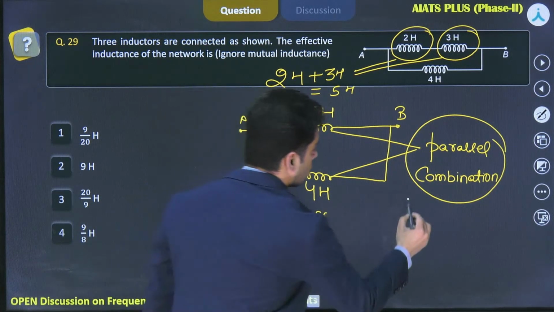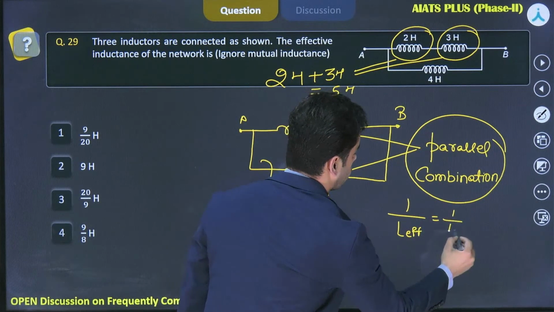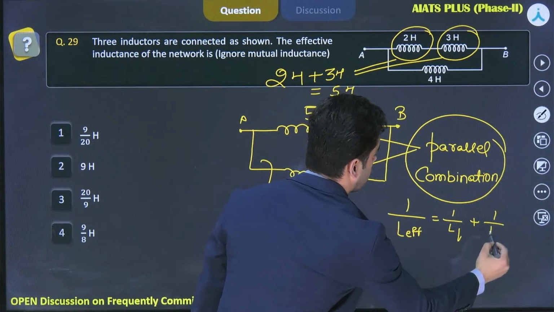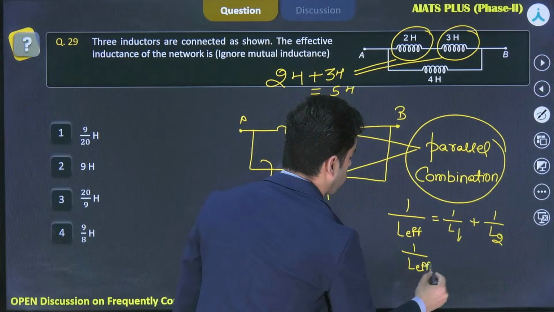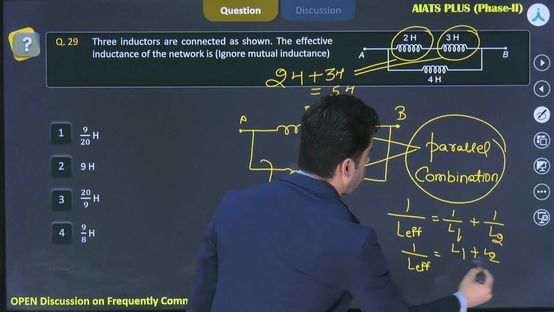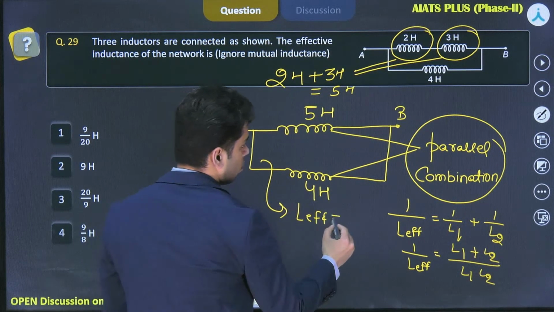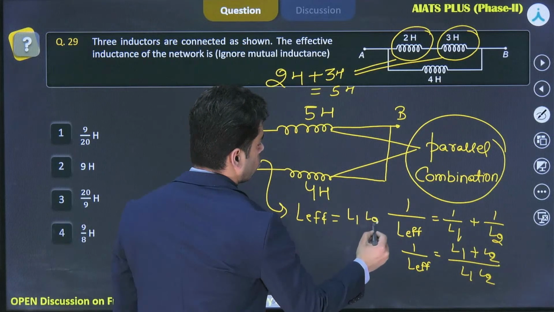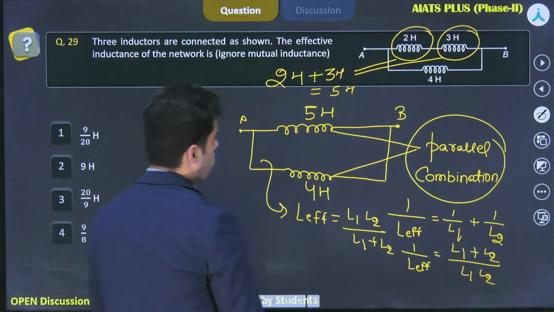See, 1 over L effective, for the two combination, is written as 1 over L1 plus 1 over L2. So 1 over L effective will be equal to (L1 plus L2) over L1 L2. So L effective will be equal to L1 L2 over (L1 plus L2), right?